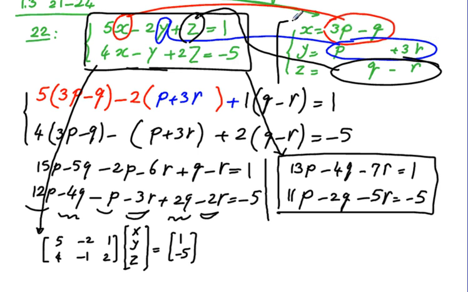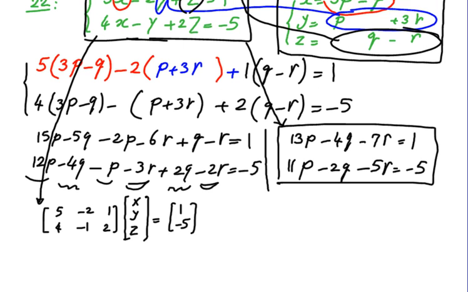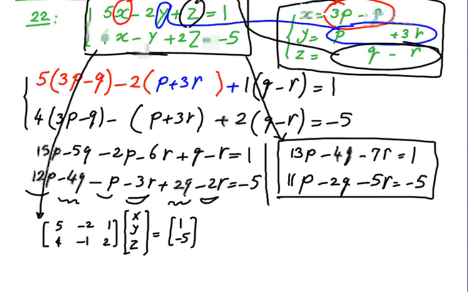Now this one also has a matrix representation. Help me out to do this one in matrix style. What can I say? x, y, z is equal to some matrix.